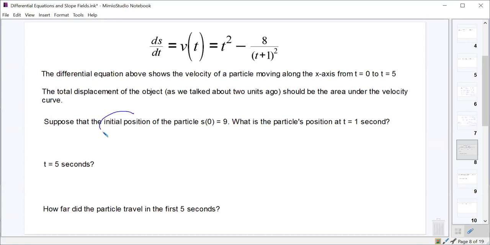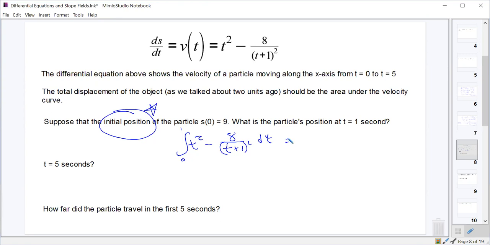We're given an initial position, which is like our initial condition for our differential equation. So if we integrate our velocity function from 0 to 1, we should know how far away it is from where it started at t = 1.